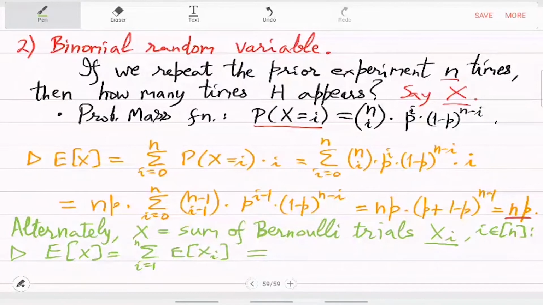The expectation of xi you know is p, so you get sigma p, which is just n times p. So this is a more natural way to understand this expectation expression, just n times the Bernoulli expectation.